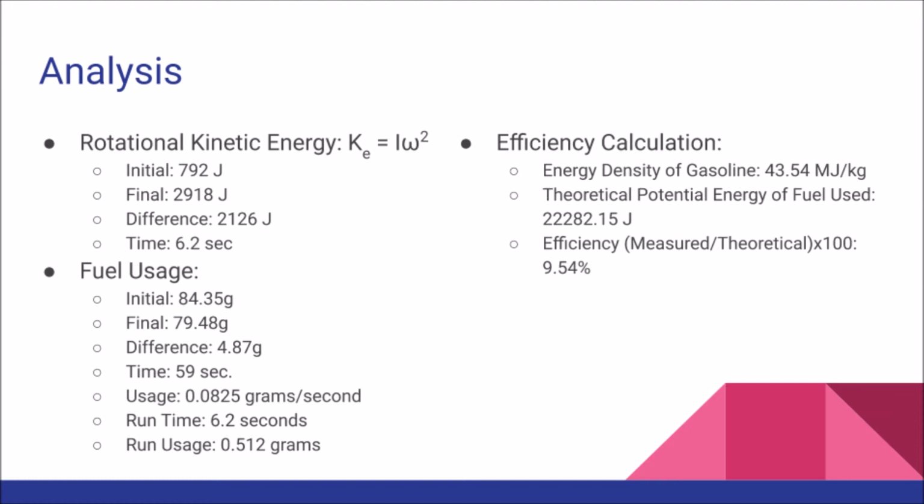We then had to determine the amount of fuel used in a run. We used a dry run with the same load and setup as a real run and determined the fuel usage per second based off the initial and final mass of fuel over a period of time.